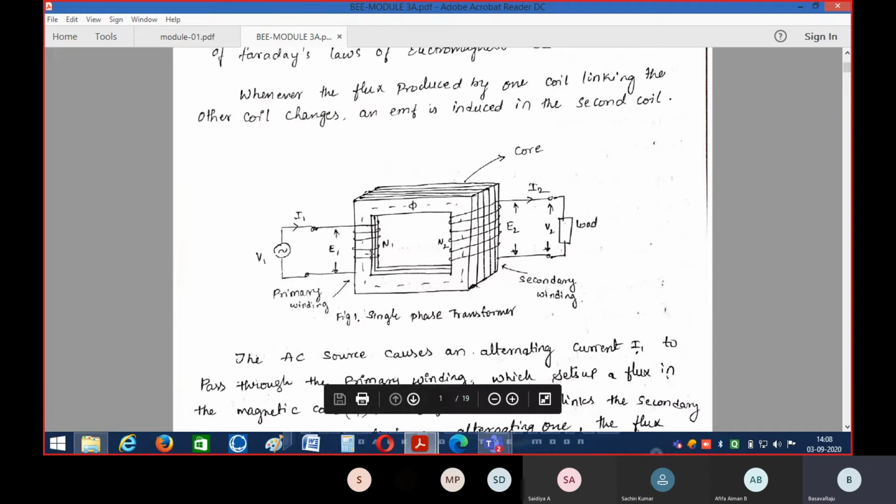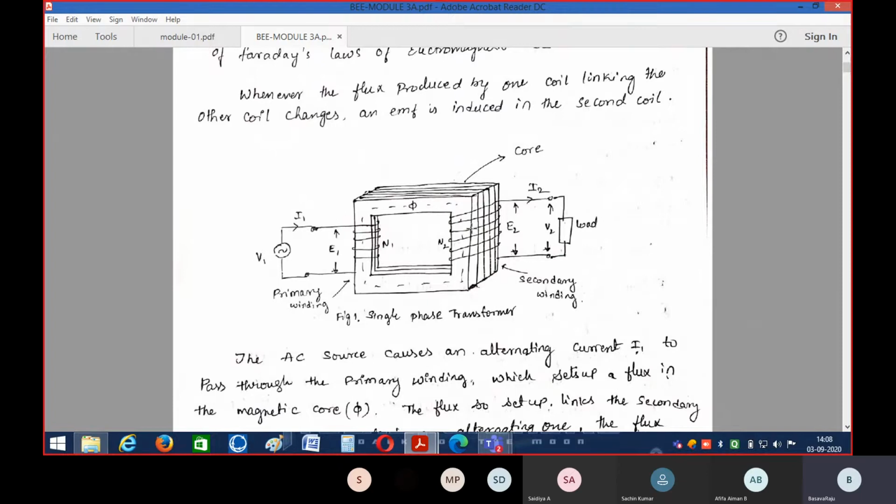If you are increasing the level of voltage in the secondary circuit with respect to the primary circuit, then it is called a step up transformer. And with respect to the primary winding, if you are decreasing the level of voltage onto the secondary winding, then it is called a step down transformer.